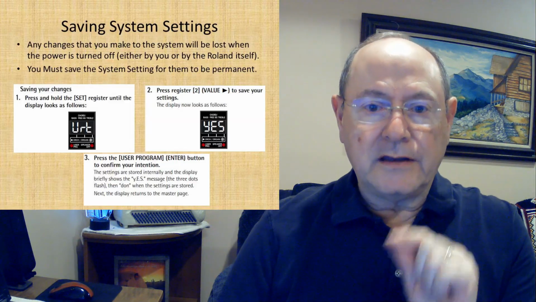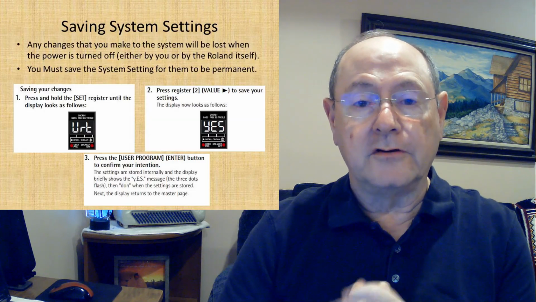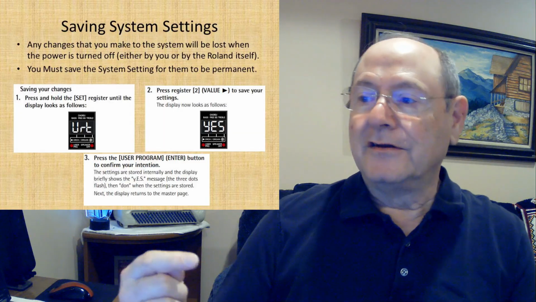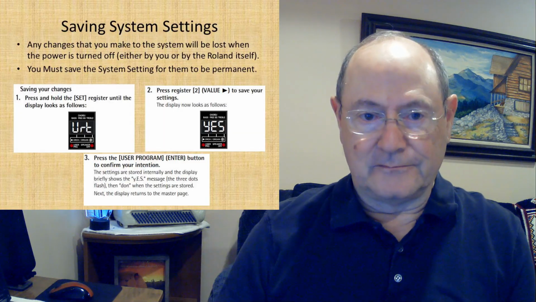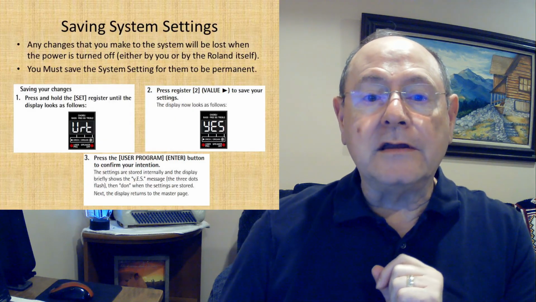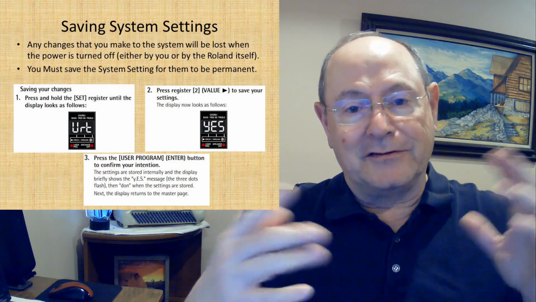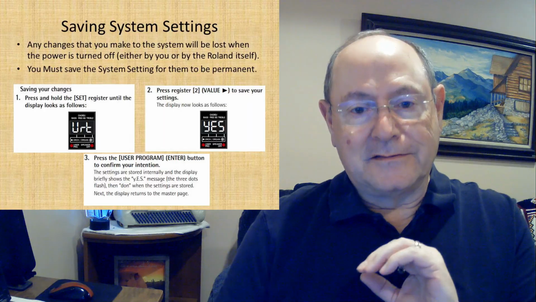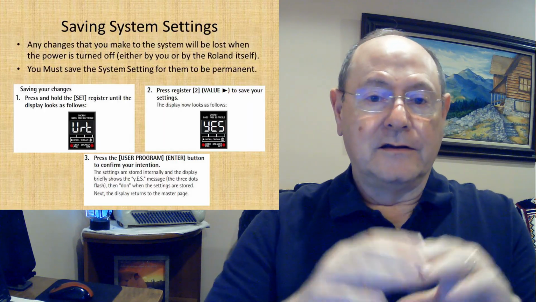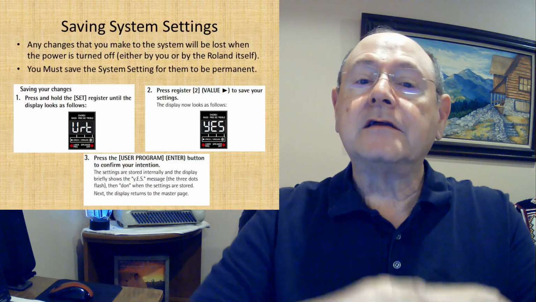So you hit the value 2, register 2 for yes, register 1 for no. Of course, why would you be there if you didn't want to save it? So you select register 2, the yes will come up, and then you hit the enter button. Don't hit the select again or you're going to get out of it. Hit the enter button. And the little dots under it are going to be flashing, and that's going to say done.